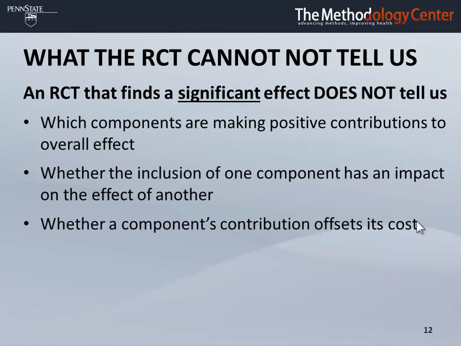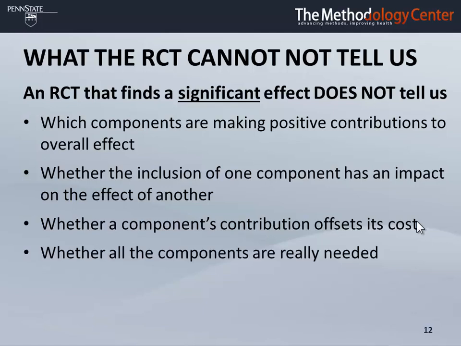You don't know whether a component's contribution offsets its cost. It's interesting to me that we almost never ask that question, and yet some components in an intervention might be really cheap, and so throwing them in is not a big deal. Others might be pretty expensive, and you might desire that the more expensive components have a larger effect in order to offset that cost. You don't know whether all the components are really needed.